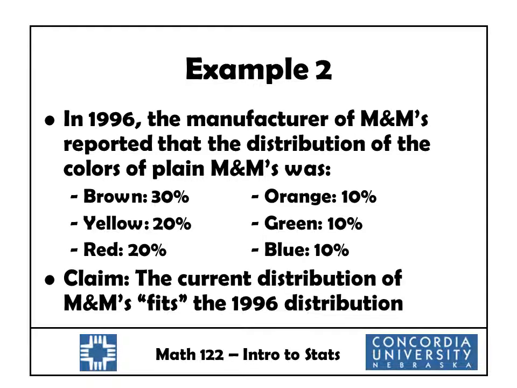So we tested the claim that the current distribution of M&Ms fits the 96 distribution. What we mean by that is that the current distribution isn't significantly different from the 96 distribution. Stated another way, we're claiming that today 30% are brown, 20% are yellow, 20% are red, etc.